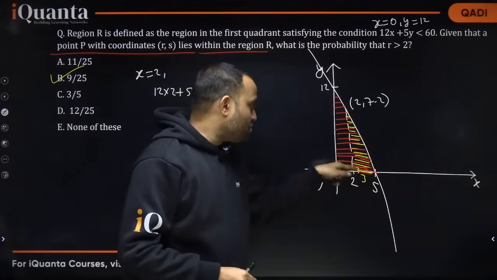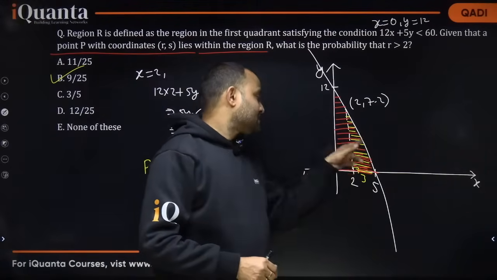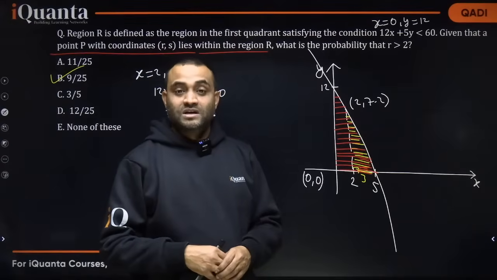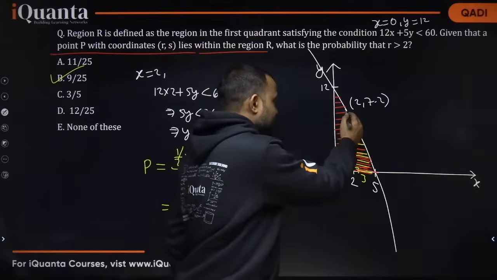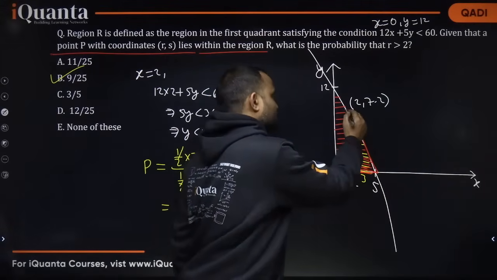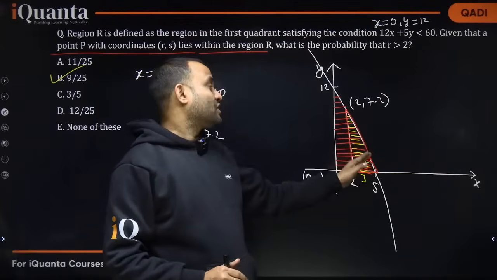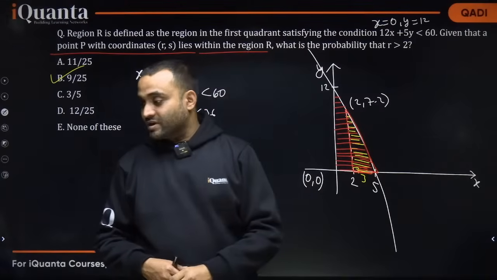So this whole is our sample space, of which this is our favorable area. So how do you find the probability here? There could be infinite points in this region that we are talking about. So how do you compare what part of the whole region R this region is? So we find the area, okay?